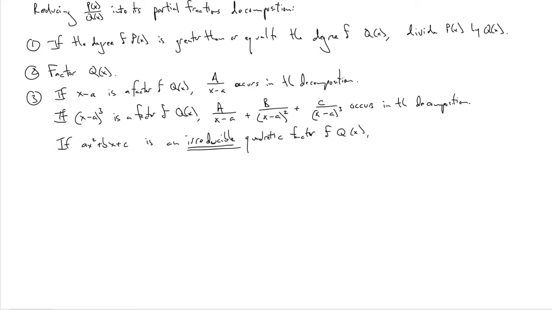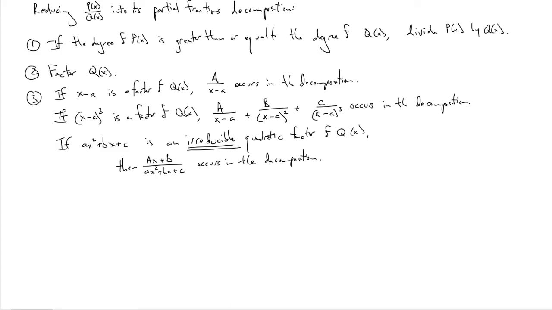And so if you have an irreducible quadratic factor of the denominator, then you get a term in the decomposition that has that denominator with some linear numerator, ax plus b, where a and b are constants. So the only time you have an ax plus b or cx plus d or anything like that in the numerator is where the denominator is an irreducible quadratic.